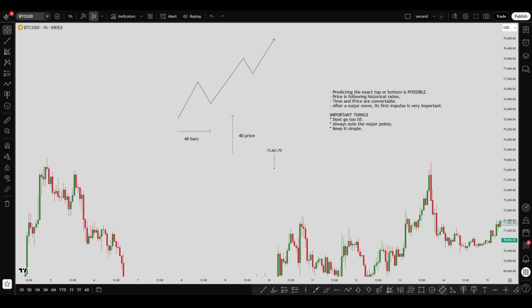So if I have 73,661 in price, I'm not going to add $40. I'm going to add $400. So that leaves us with around 74,000. So that's how you can turn the bar distance into the price distance, and this works completely fine.